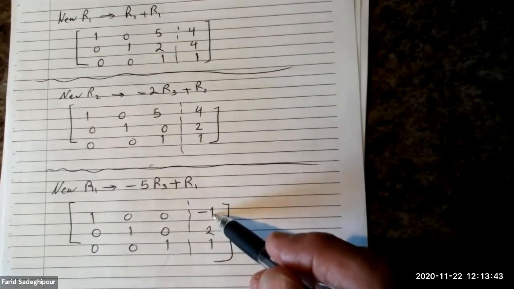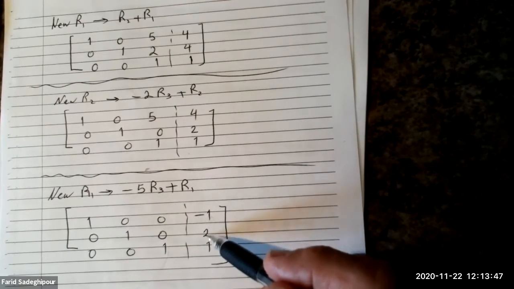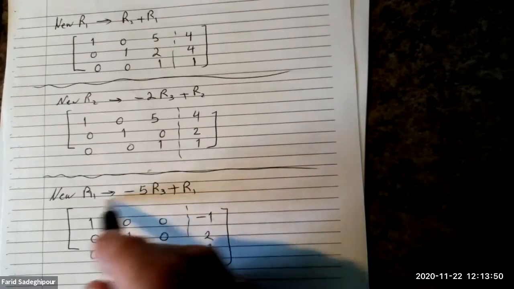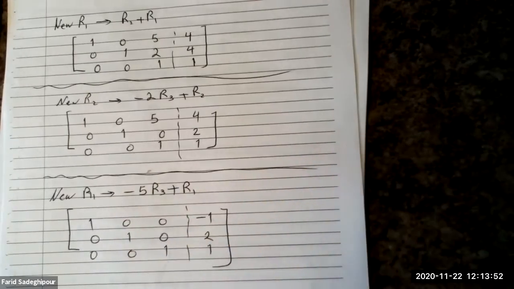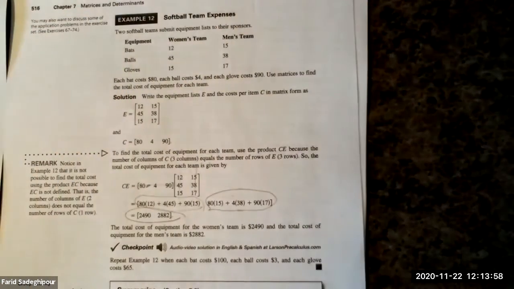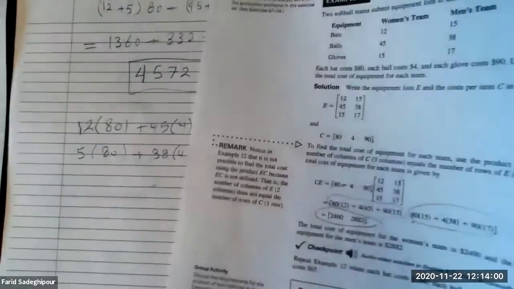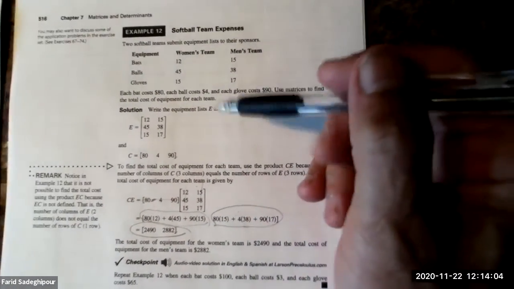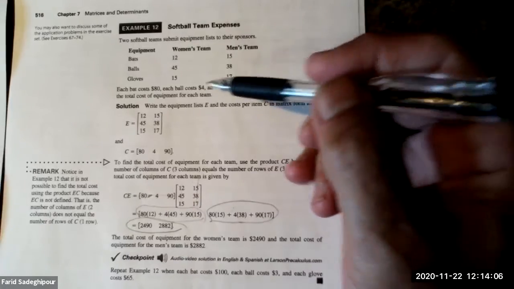So in that case, this is your x1, x2, and x3. To find x1, x2, x3, you need to change the matrix to identity matrix.